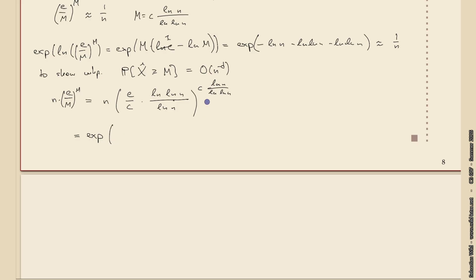So we take the log of this, that's an ln n for the first term. Then we'll pick c greater than e, so that this is less than 1, so that we can drop it from the equation. Then we have the log of this whole term, we'll have this in front as a factor. And then log of the inner term.